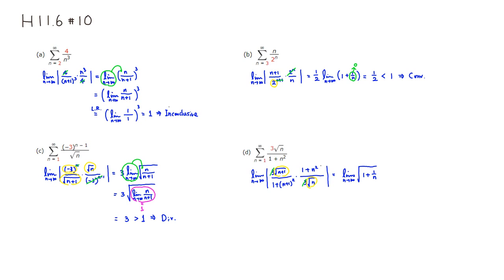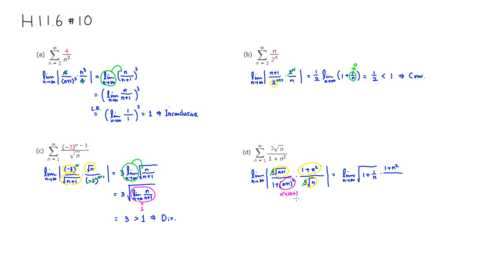And then the rest is going to be here. So you have a 1 plus n squared, times 1 plus n squared. And on the bottom, if you multiply out, this part is going to be n squared plus 2n plus 1.